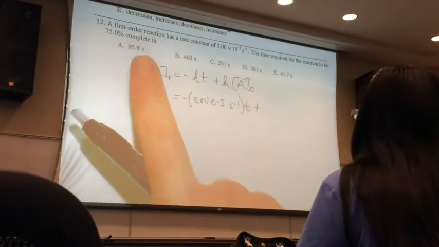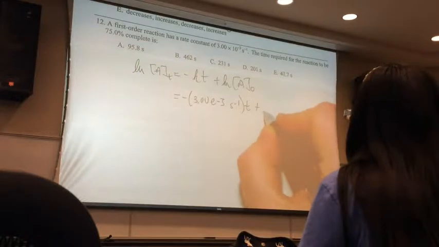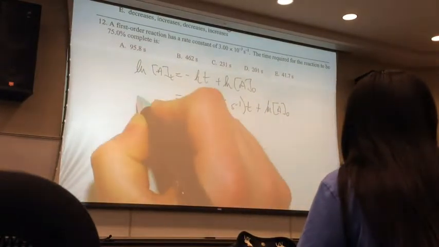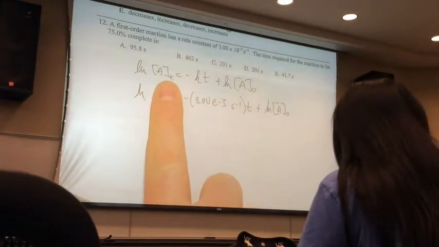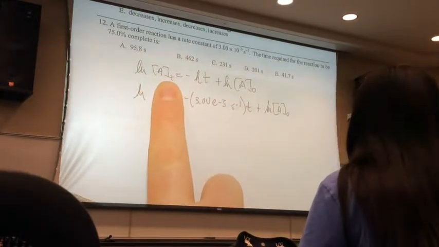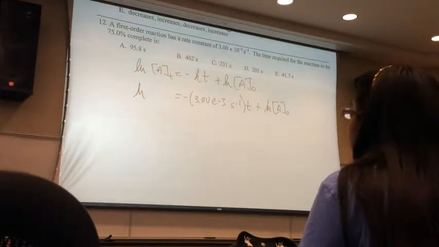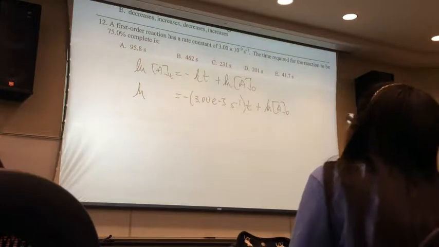When you have this sort of thing, your initial concentration is A0, and for your final concentration, if the reaction is 75% complete, how much A can you assume is going to be there? It's going to be 25% of A left over.